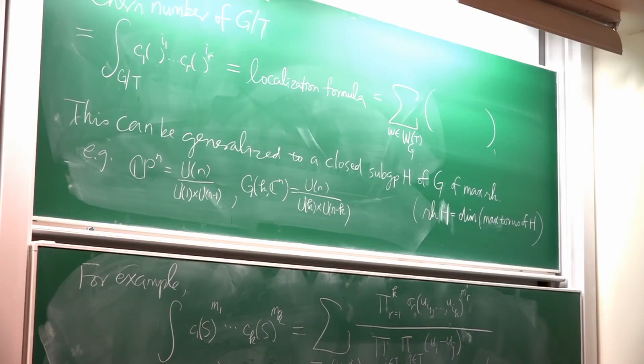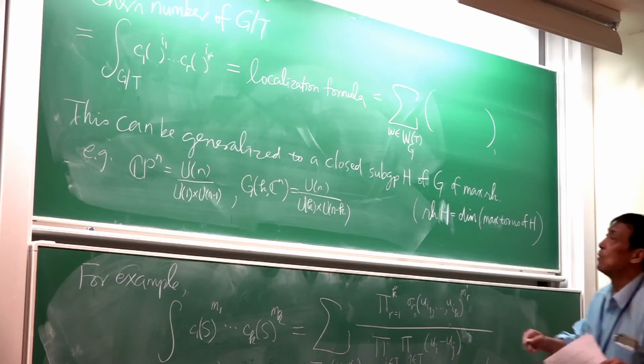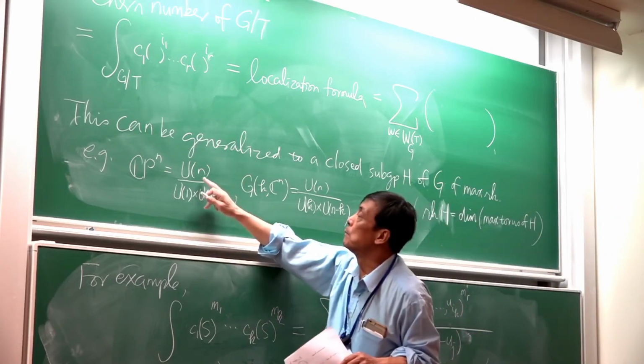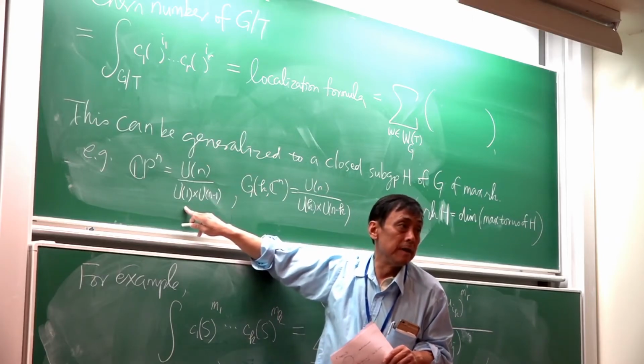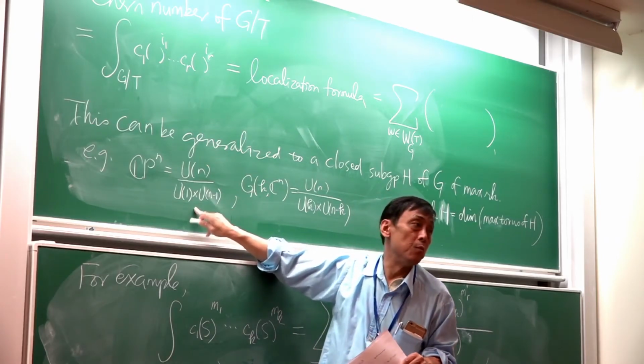That dimension is called the rank. For example, this has maximal rank because it contains n copies of U(1).